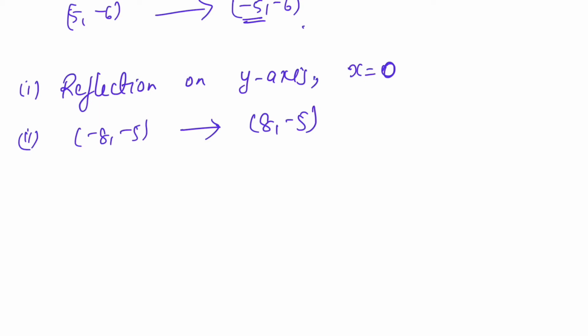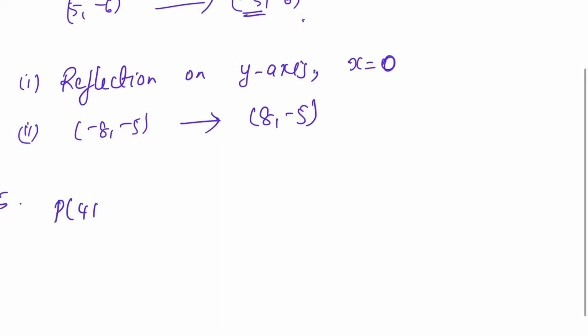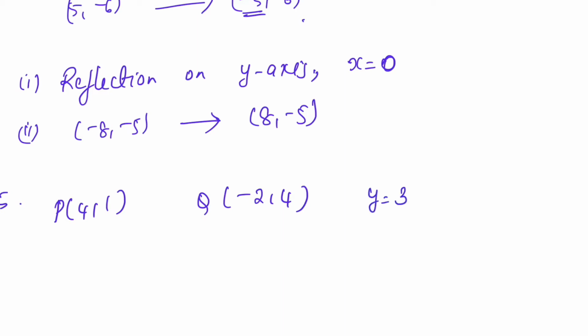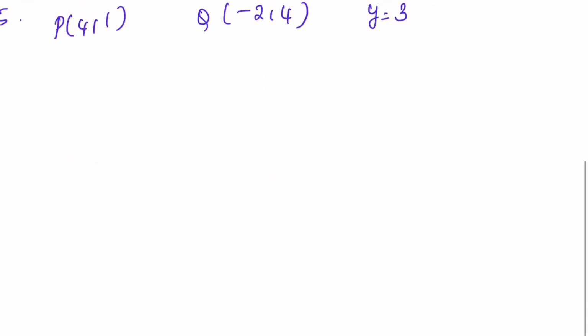Question number 5 we have, the points P 4, 1 and Q -2, 4 are reflected in the line y is equal to 3. Find the coordinates of P dash and Q dash, the images. Before that, let me draw a graph for that.